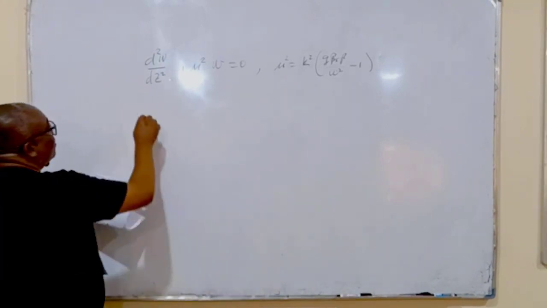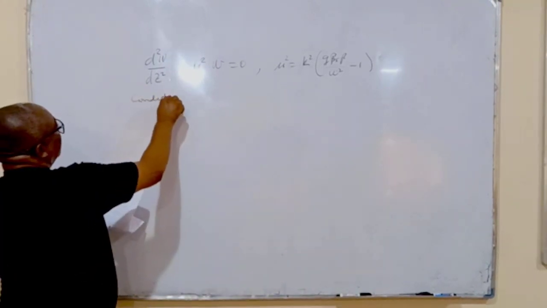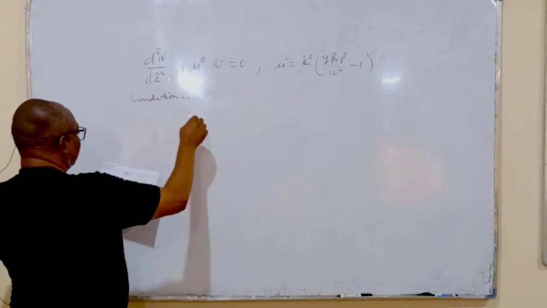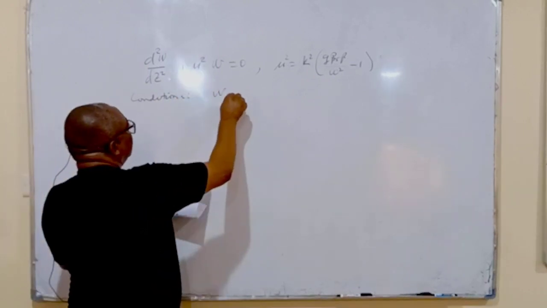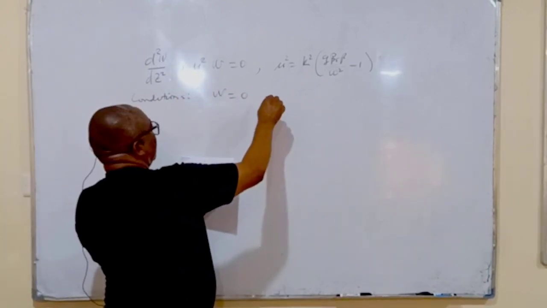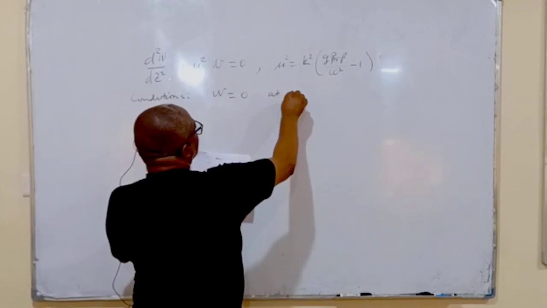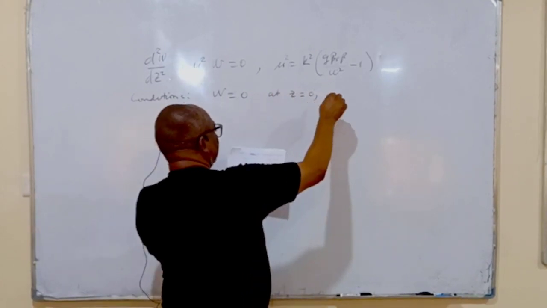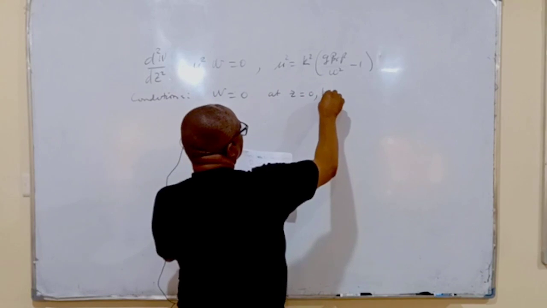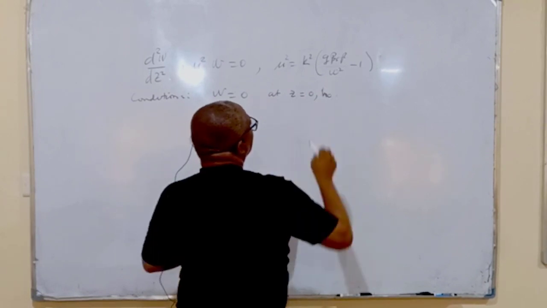And then we have conditions that must be satisfied in this case. It says w is equal to 0 at the boundaries, z equal to 0 and z equal to h0. These are our boundaries.